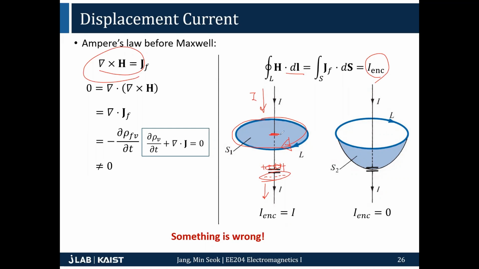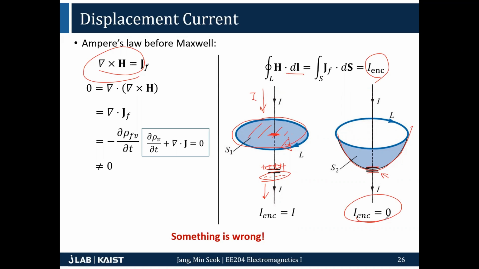That applies very well if you take the surface like this. But if you take the surface passing through the gap between the capacitor plates, there's no current flowing there, so the enclosed current becomes zero.